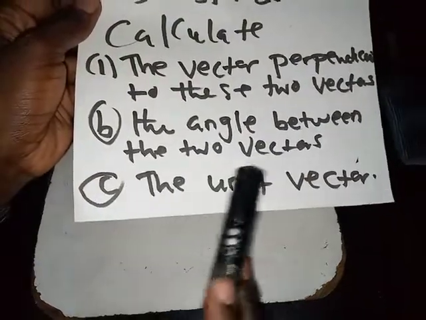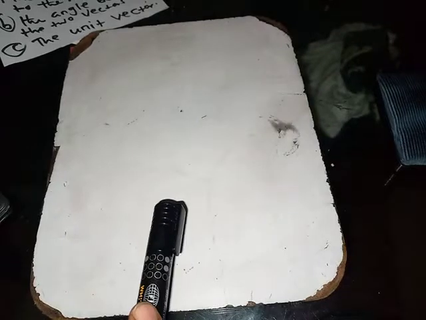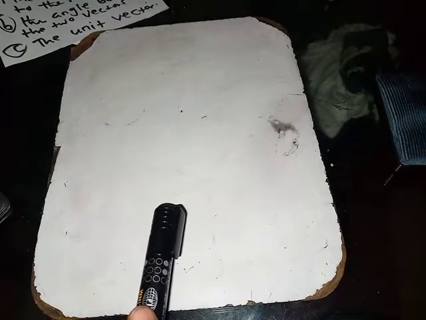All right. The last question says the unit vector. Now, by definition, a unit vector is just a vector divided by its magnitude.